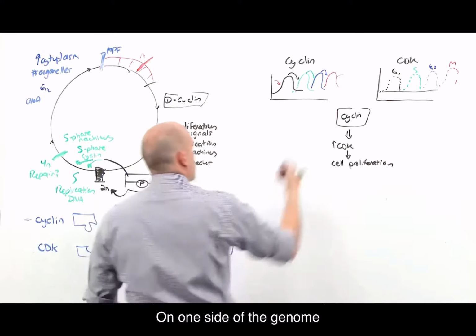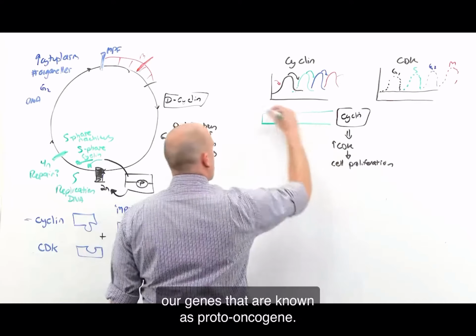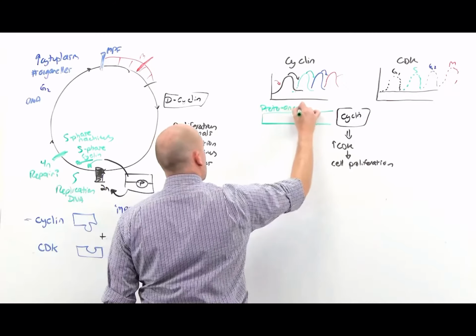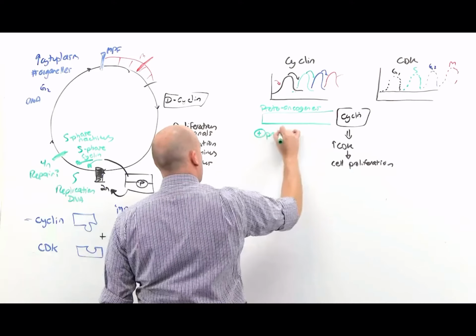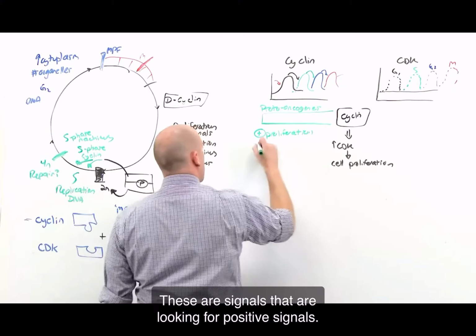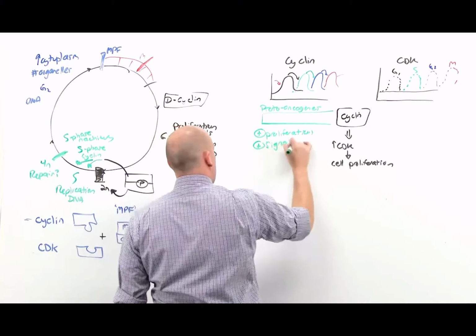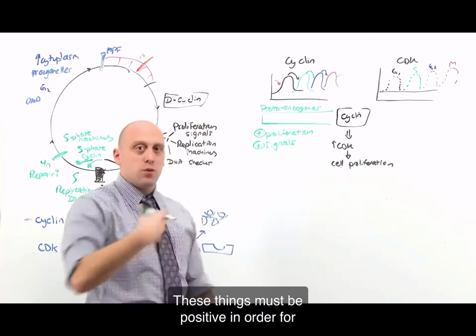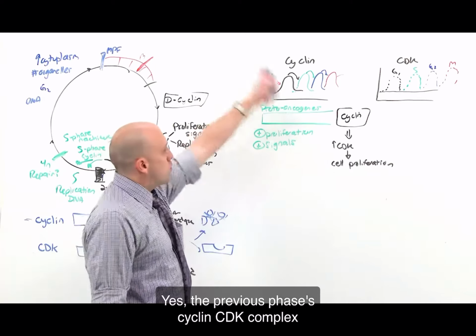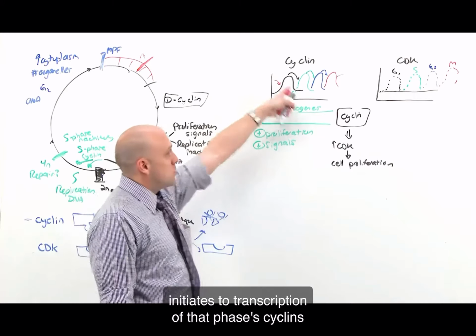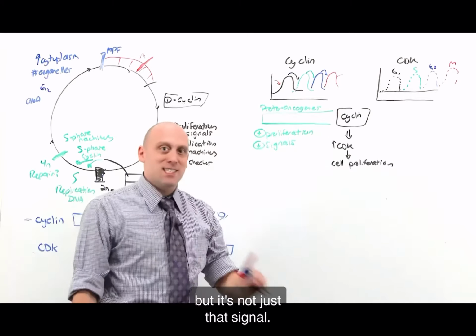On one side of the genome are genes that are known as proto-oncogenes. Activity of proto-oncogenes is pro-proliferation. These are signals that are looking for positive signals. These things must be positive in order for cyclins to be expressed. It's all about a balance of cyclin expression. Yes, the previous phase's cyclin CDK complex initiates the transcription of that phase's cyclins, but it's not just that signal.